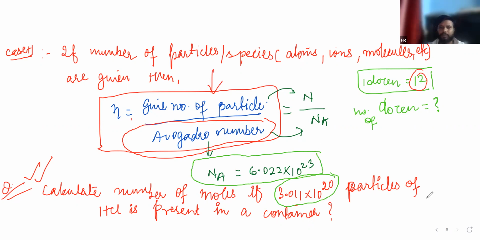Okay, now see the answer. Number of moles is equal to given number of particles upon Avogadro number. Given number of particles is 3.011 into 10 raised to the power 20 divided by Avogadro number, which I have told you is 6.022 into 10 raised to the power 23. Now just solve it.